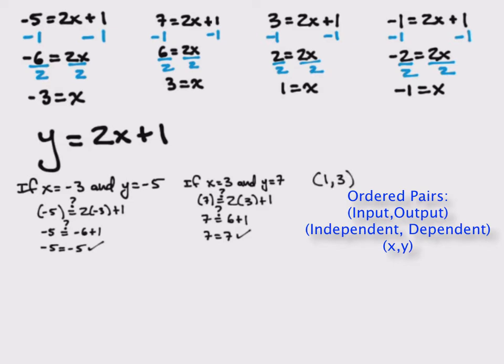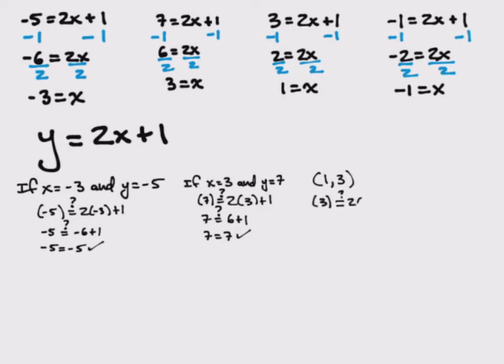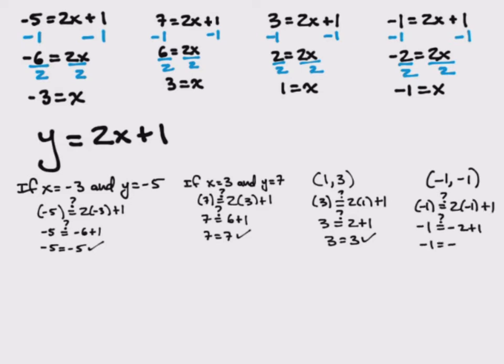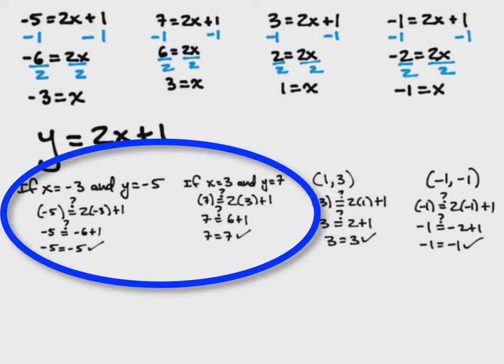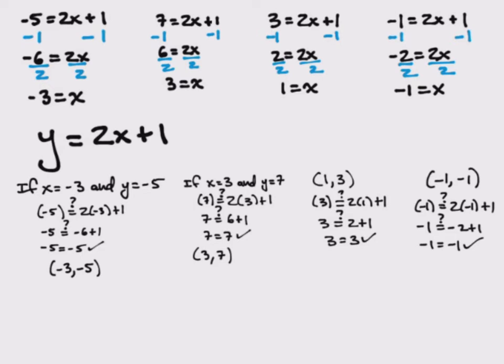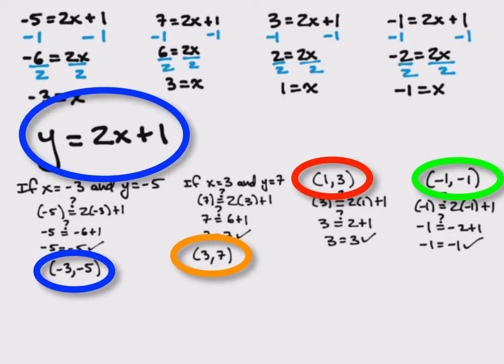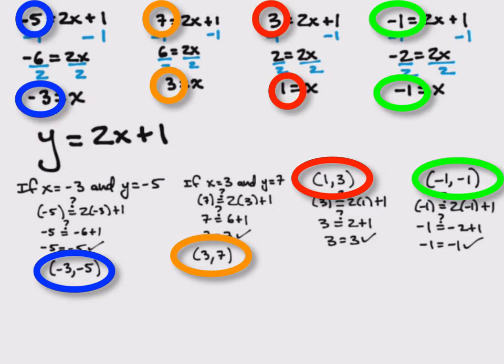If x were 1 and y were 3, that statement would be made true. Or if x were negative 1 and y were negative 1, the statement would be made true. Of course, we could have expressed our first two xy pairs as ordered pairs as well. And note that these four solutions to this equation with two variables coincide with the four equations that we solved at the very beginning of this video.